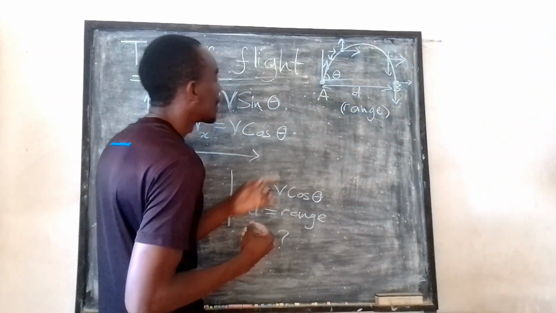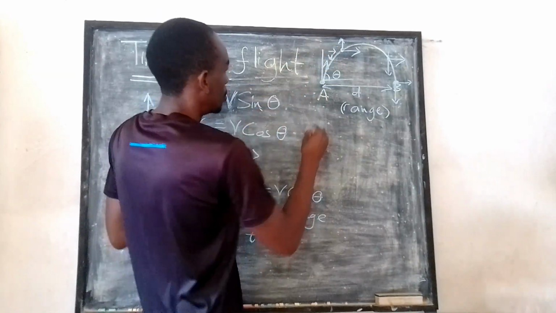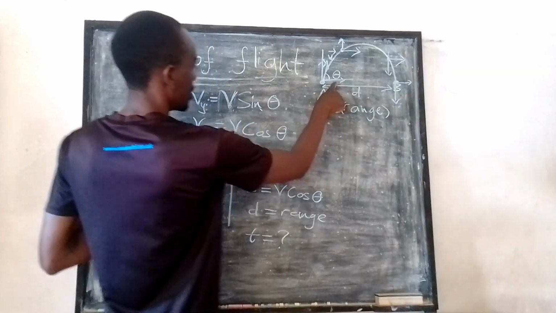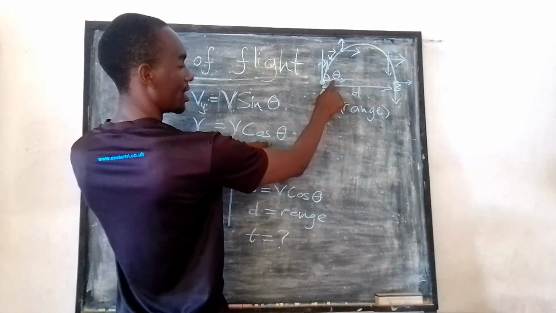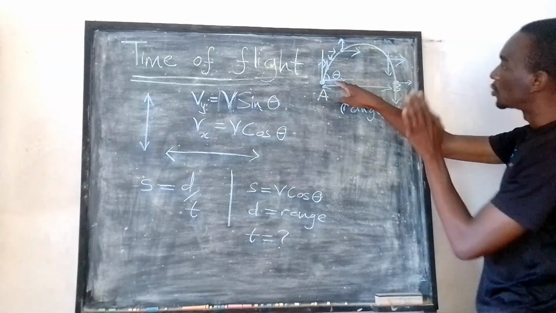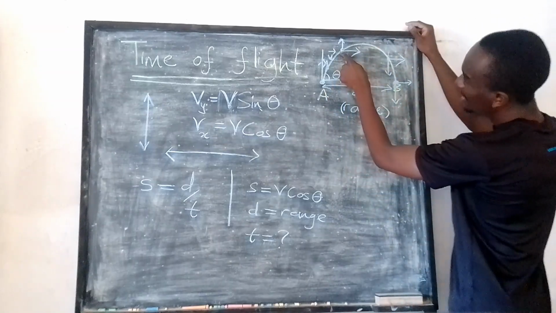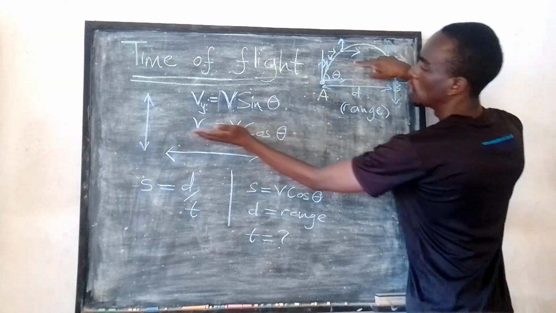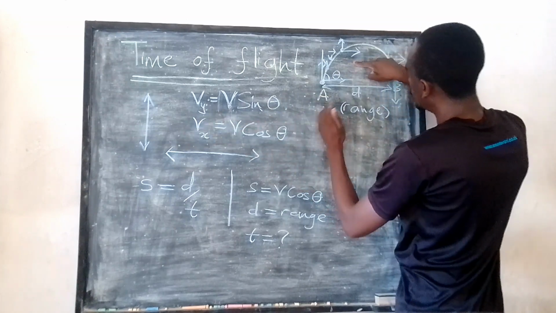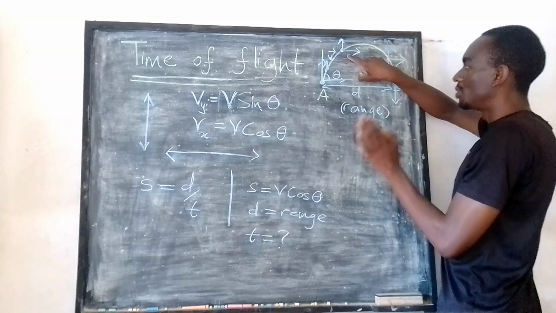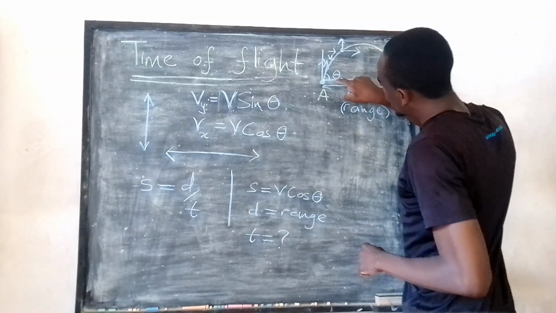What I'm saying is, at this point, remember when the motion begins here, this V cos theta has a certain value. When I say it remains constant, at this point, this arrow, which is associated with this horizontal component of the velocity, is still the same. It's the same as what was exactly here.